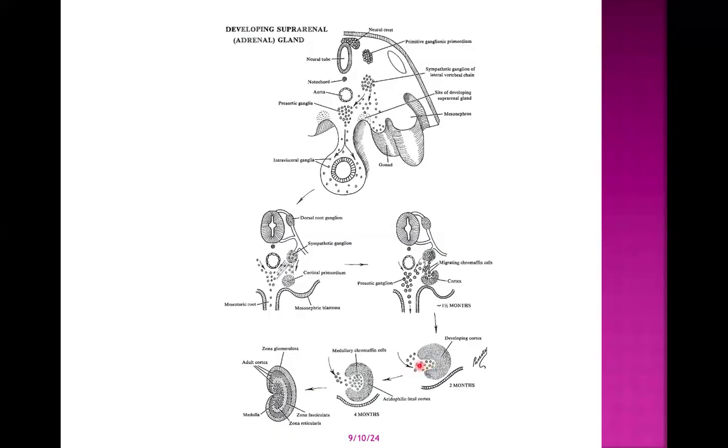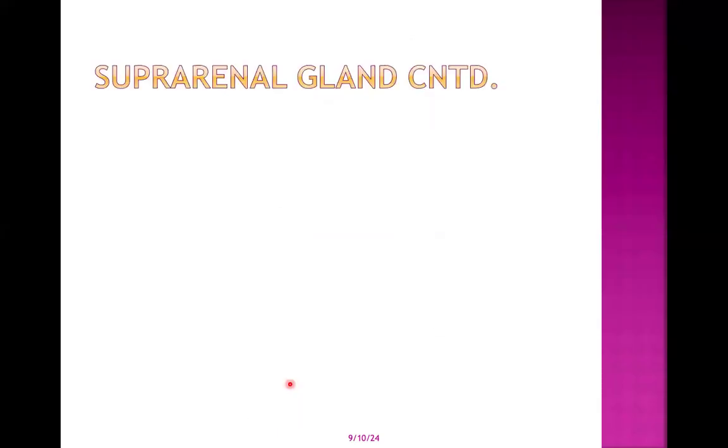That tells you that the medulla is formed from neural crest cells. So that is what you get eventually with the adrenal gland. And histology will tell you that it has 3 main layers: the zona glomerulosa, zona fasciculata, and the zona reticularis, which stain differently.